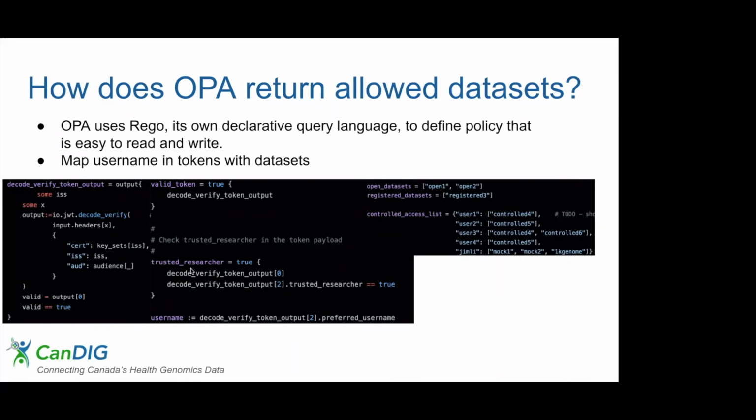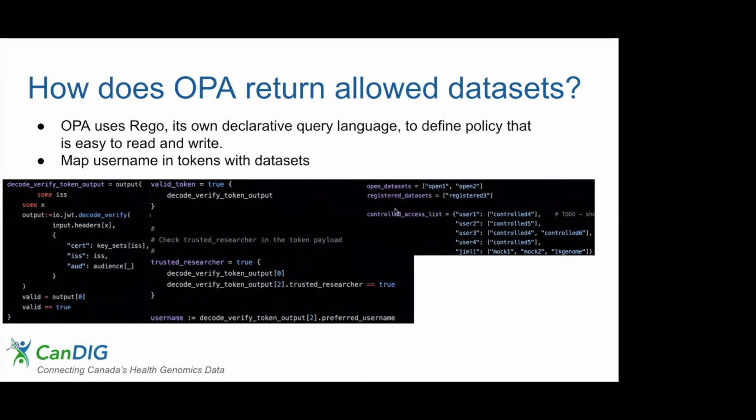The trusted researcher check also works as a function that returns a Boolean, and it will decode and verify the token, as well as check whether the token's trusted researcher field is true or not. And the username will be extracted from the token as well, from the preferred username field.